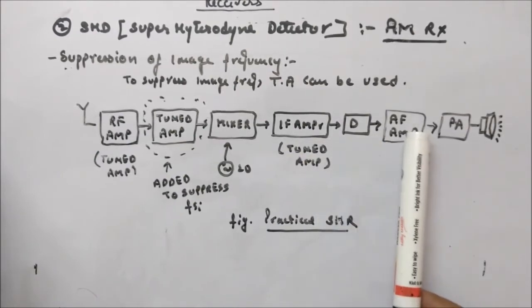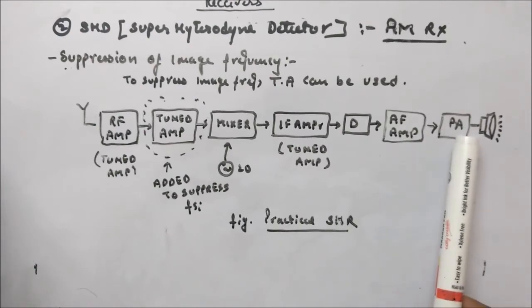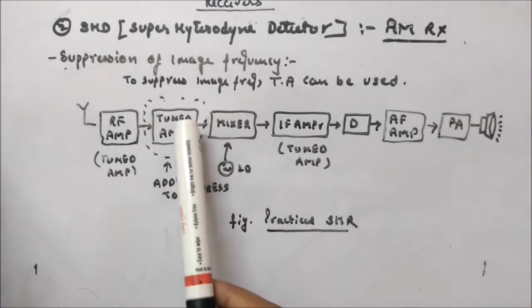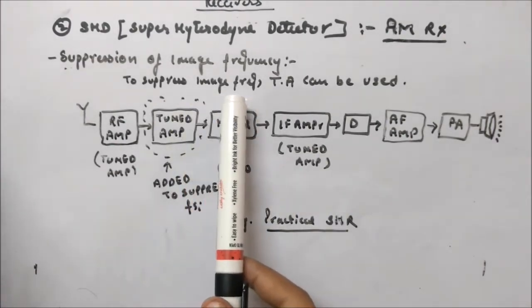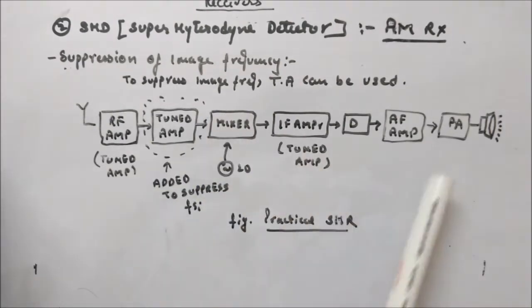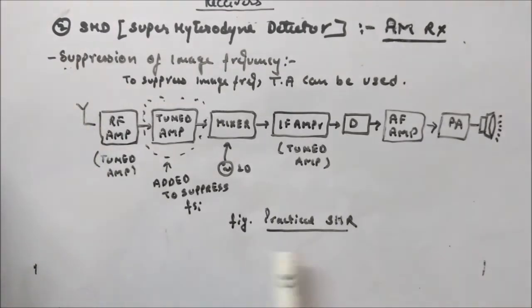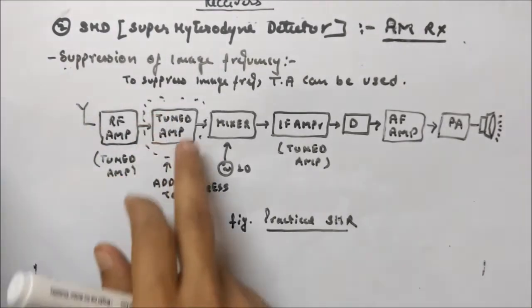Then there is the demodulator, audio frequency amplifier, and power amplifier. Then this is the local oscillator. Now this is how it will look when we add a tuned amplifier to suppress image frequency, and this figure is for a practical superheterodyne receiver, and this is your antenna.